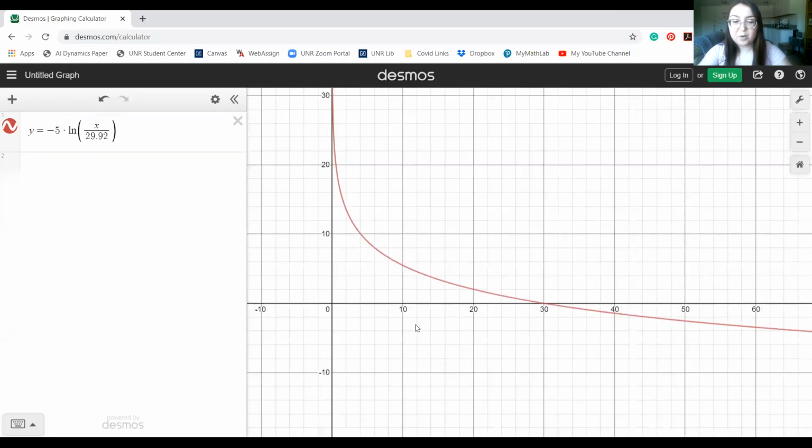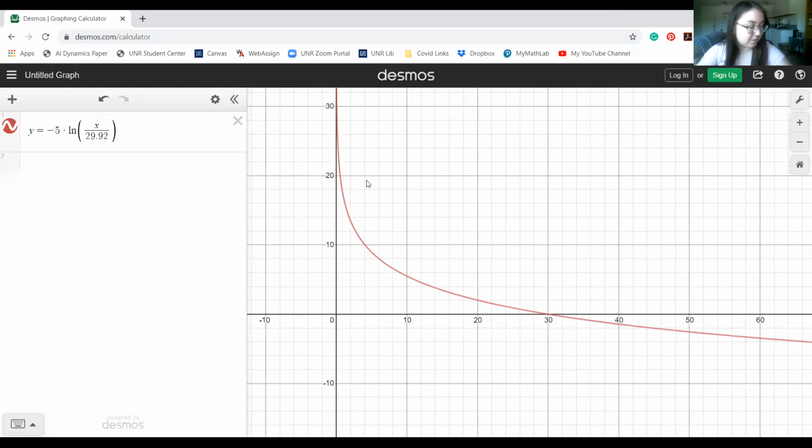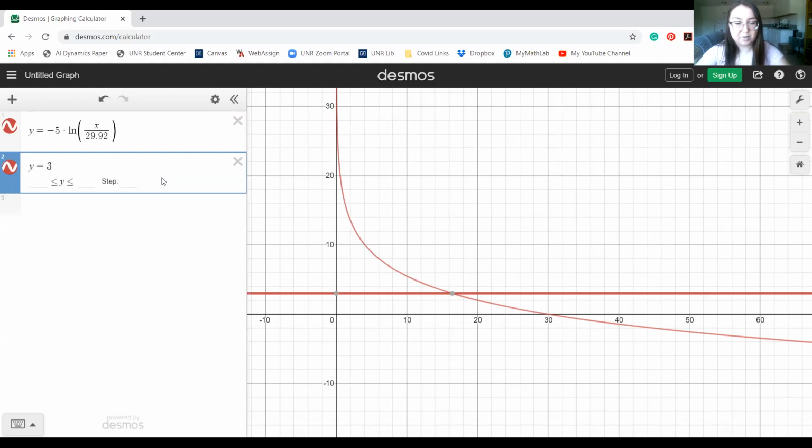But for part D, our question was to use our graph to determine the pressure when our height is 3 miles, and our height represents y in this case. So we'll say y is equal to 3. We get this second line here, and we see that it's going to cross at this point. Whatever our P, or x since we're using Desmos, is will be the pressure.